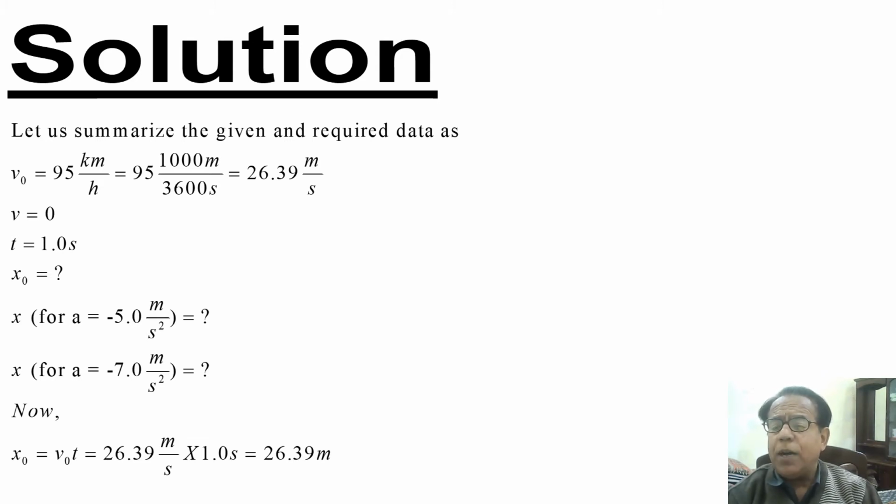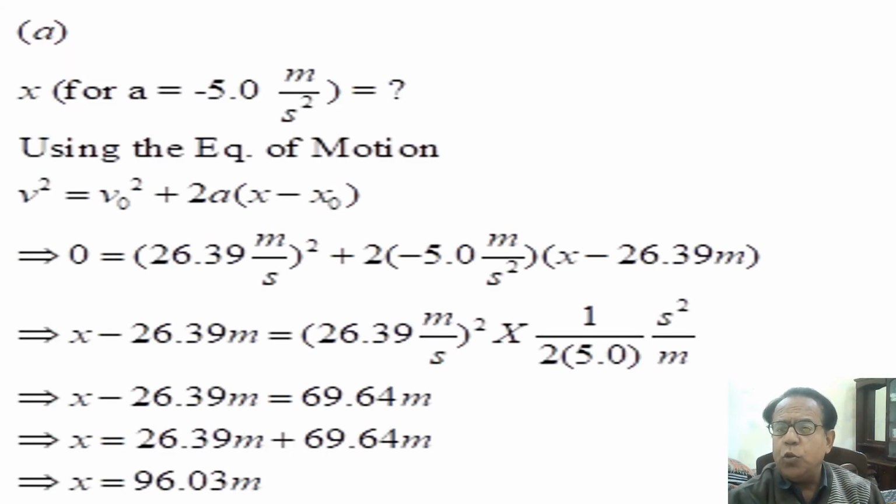V naught is given as 26.39 meter per second, while time is given as 1.0 second. So x naught becomes equal to 26.39 meter. Now we move on to the next slide.